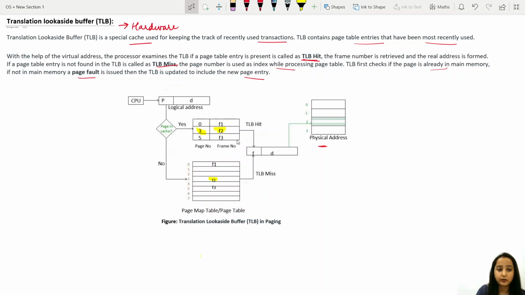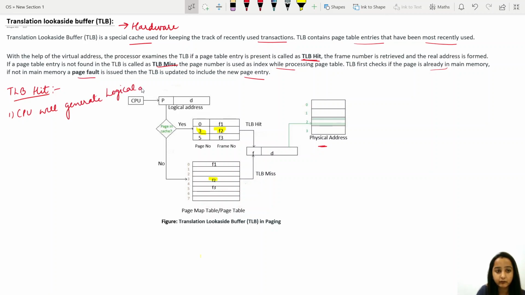So see here. There can be two scenarios, either a TLB miss or a TLB hit. Suppose a TLB hit occurs. What is the scenario in a TLB hit? First, the CPU will generate the logical address.